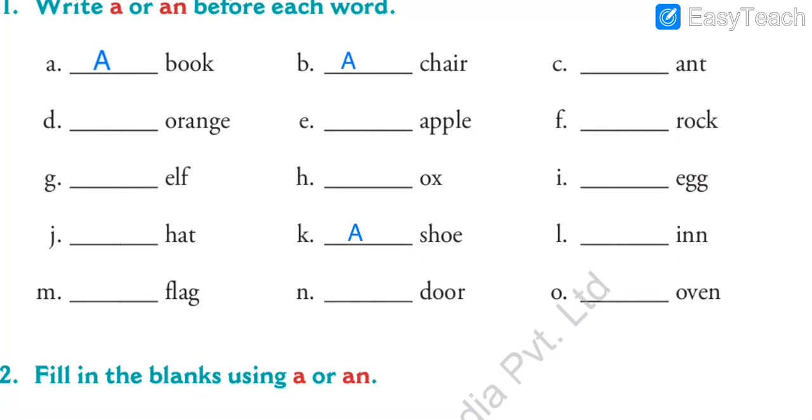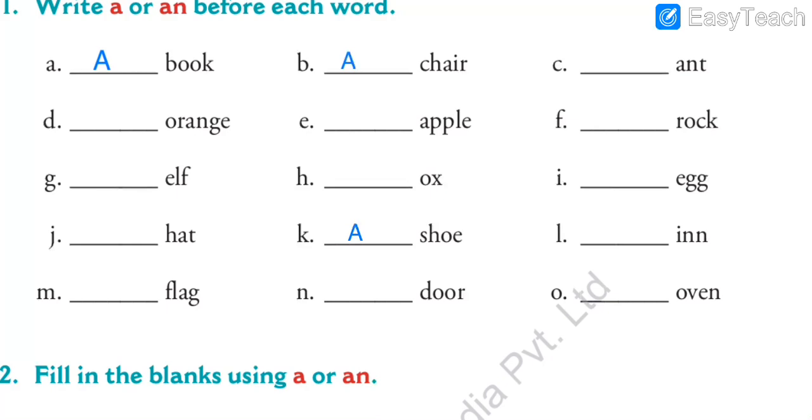So what could be the answer for oven? Yes, what could be the answer? Just think about it. So first, when you start thinking what to put in the blank, A or N, always observe the word. The first step is to observe the word. Second step is to see where the word starts from, with O, correct?